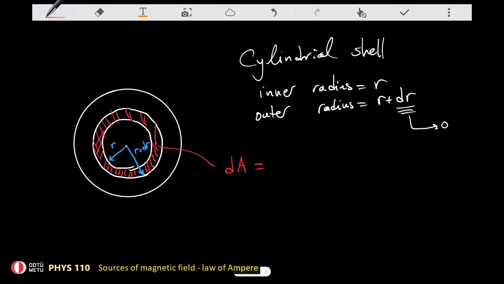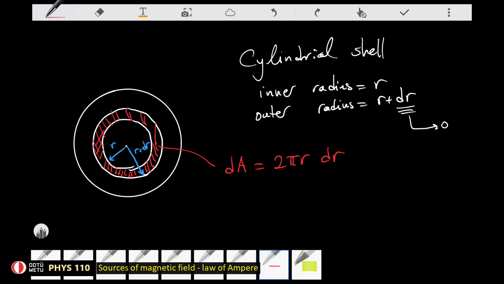This is essentially the circumference of that circle multiplied by its thickness. So that's 2 pi r dr. I have discussed this in the limit where this dr goes to 0, and in this limit this is the correct expression. So I'm not going to discuss how this comes out a second time.